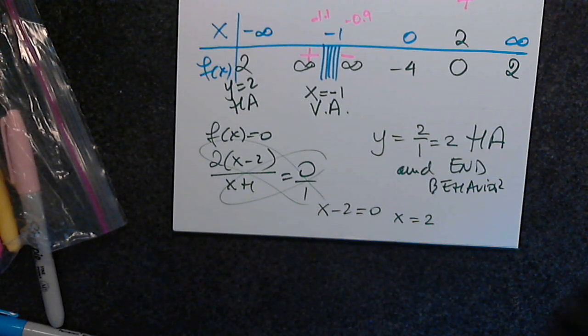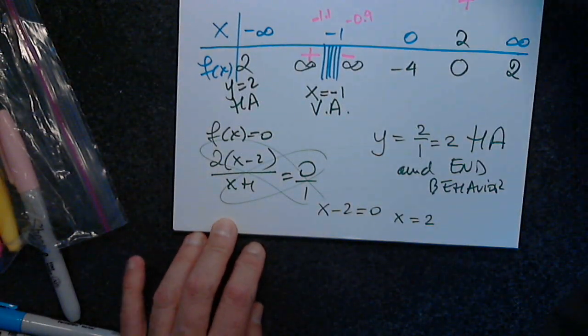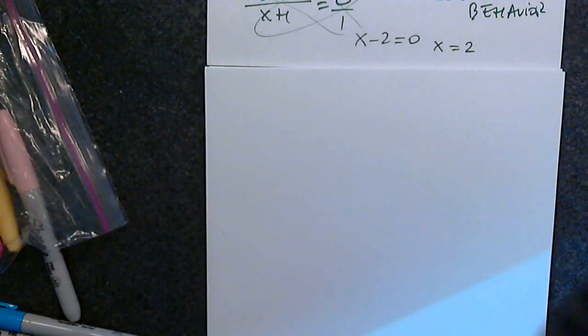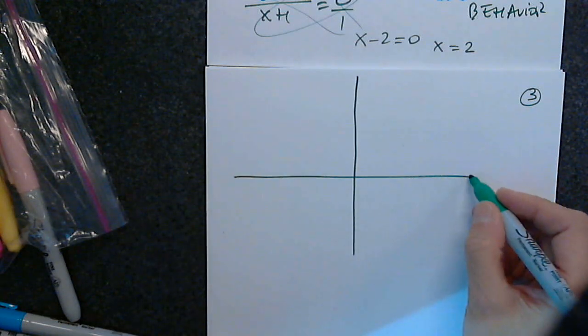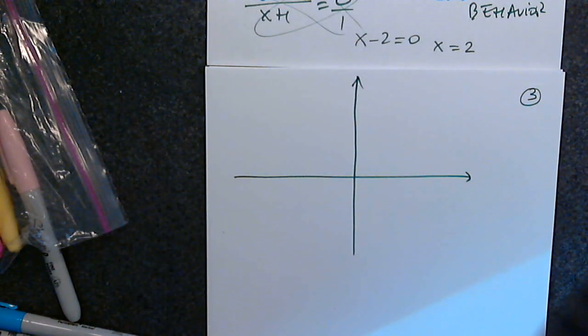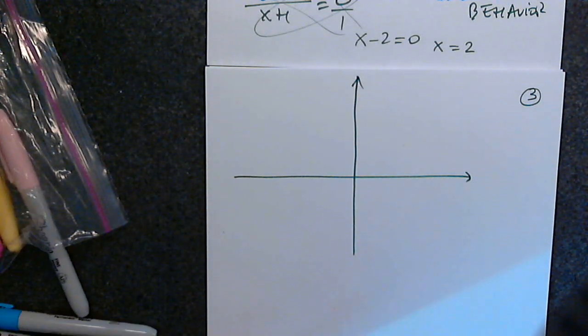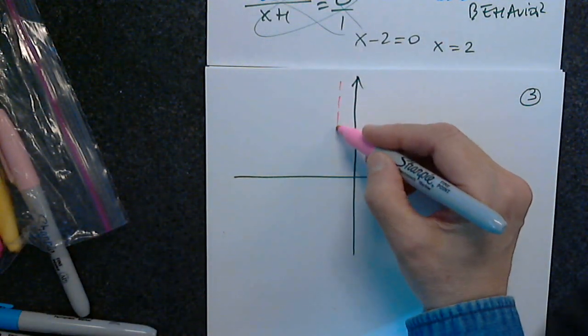When we graph functions with asymptotes, we have to graph the asymptotes first. So let's give it a shot. And that's all it is to it. Okay, so first of all, -1.